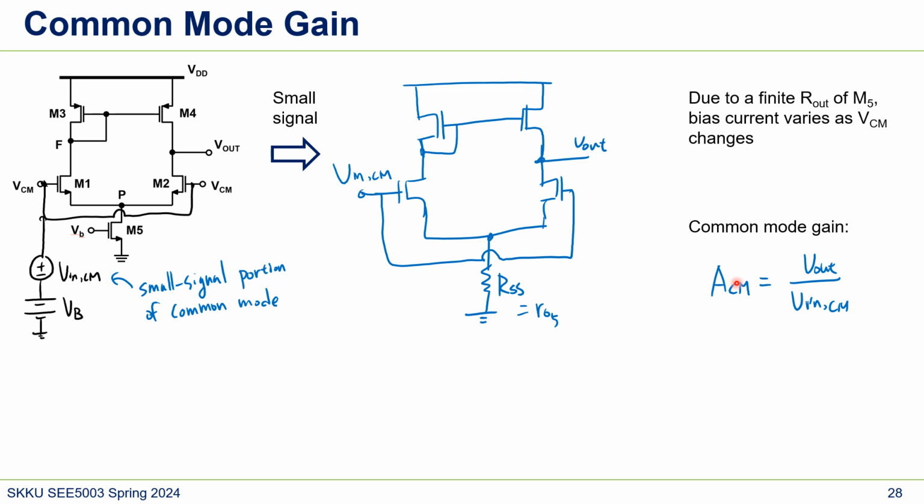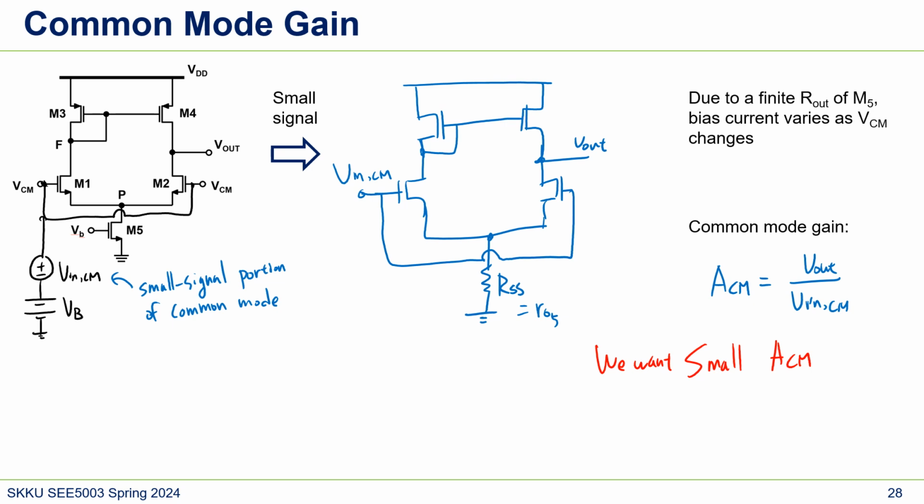And so what's good? Do we want to have larger ACM, common mode gain, or do we want smaller ACM? So we want smaller. We want small ACM, right?